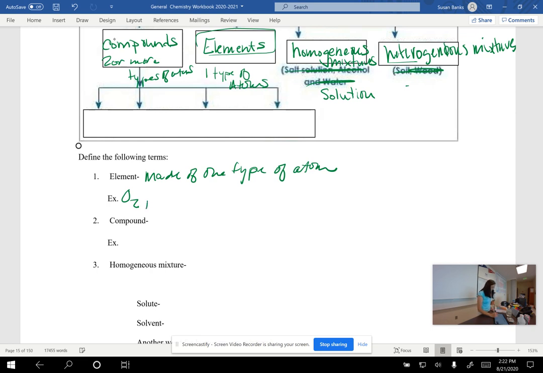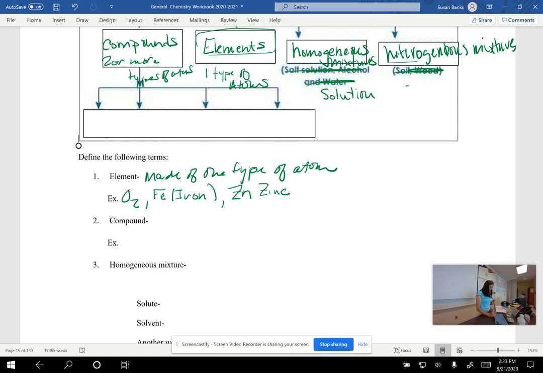Or, for example, the iron that we use to build things, that's just made out of one type of atom, iron. Or another thing that we use a lot, zinc. We will use a lot of zinc, especially as catalysts of things. So that is made out of just one type of element.